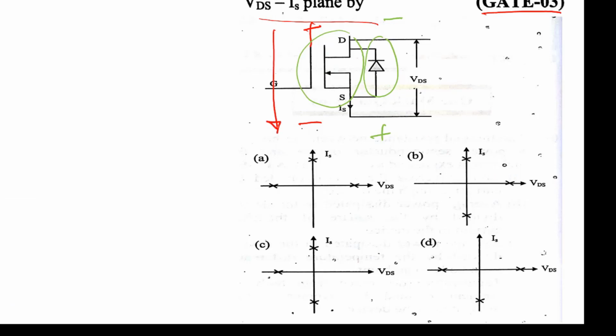This direction of current will flow through the MOSFET only, and the other direction of current flow will take place through the body diode. So current flows in both directions, and it blocks only positive voltage. That is, option B is the correct answer.